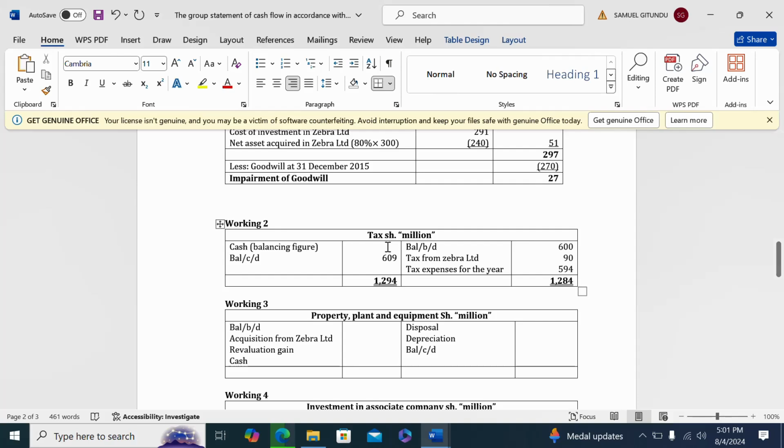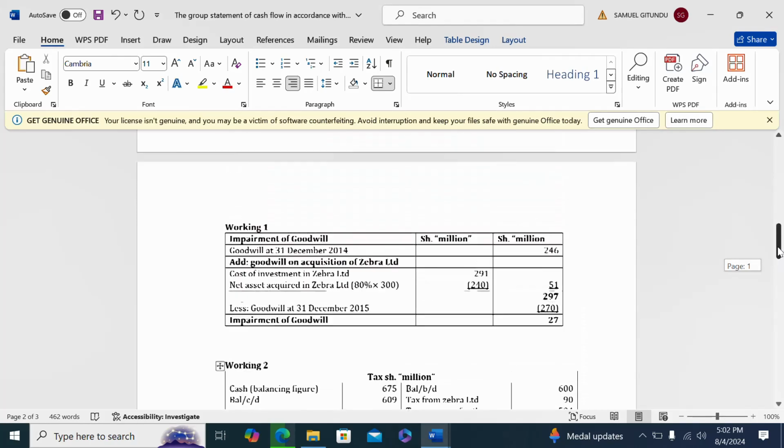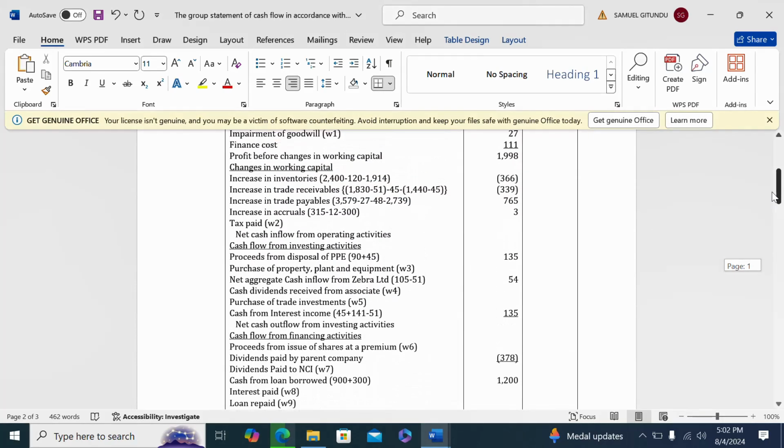The balancing figure is 1284 minus 609. So the cash that was paid for tax is 675 million. So we come here and put 675.